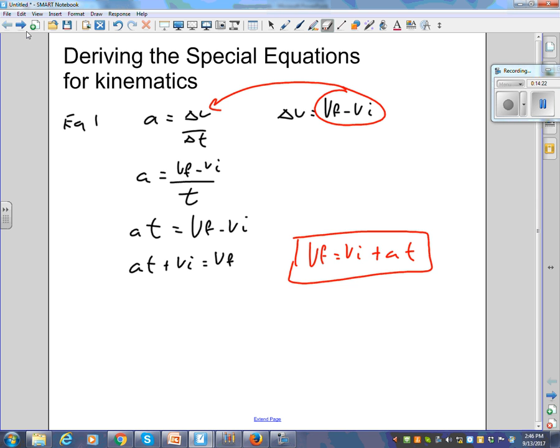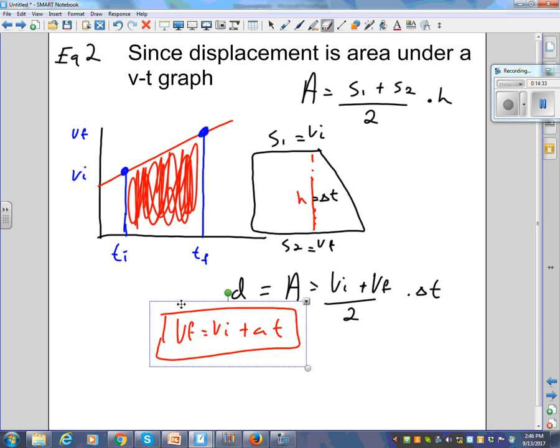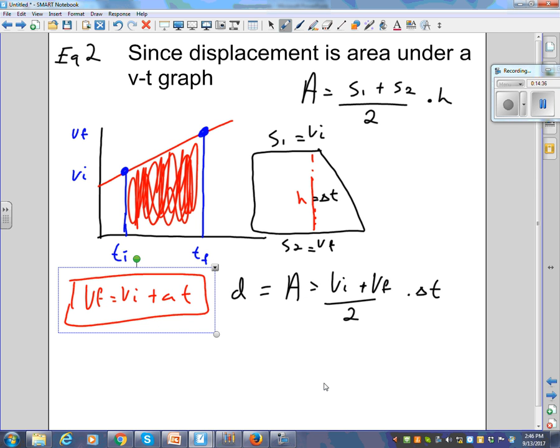So I'm going to write D equals VI plus, in red, VI plus AT, back to black, over 2, times t. And I'm going to let that delta t just slide out of the way and become t.